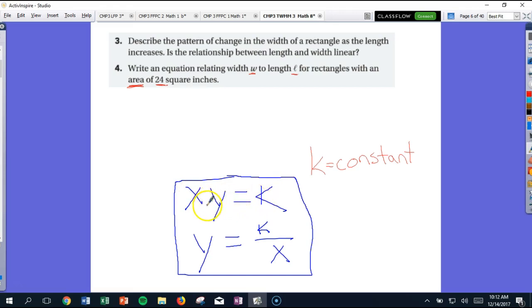We need to find y, so we need to isolate it. To do that, we divide both sides by x, and we wind up with y equals our constant divided by x, similar to how we had width equals area divided by length.